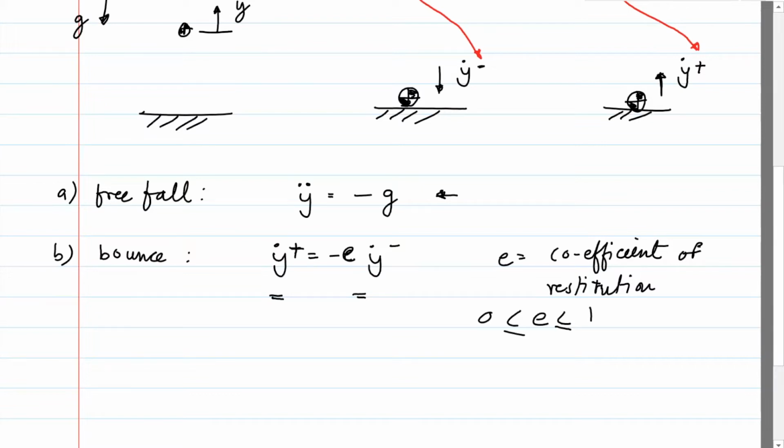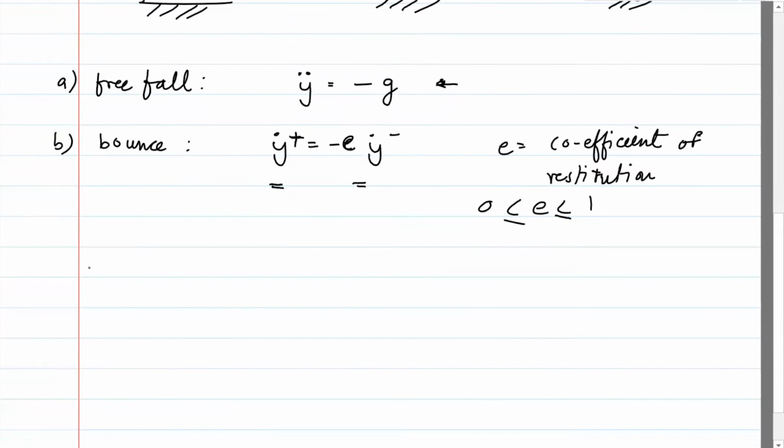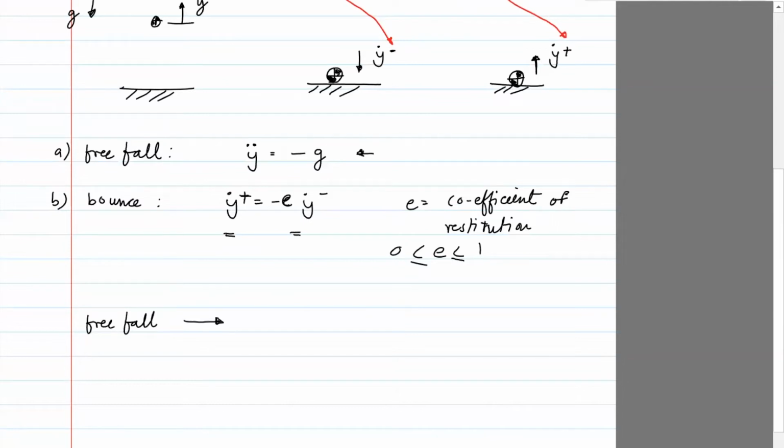Now, before we can actually analyze and simulate the system, let's understand how this simulation will go. First we have free fall, falling freely under gravity. Then at some instant, we have a switch to a bounce. When does the switch occur?